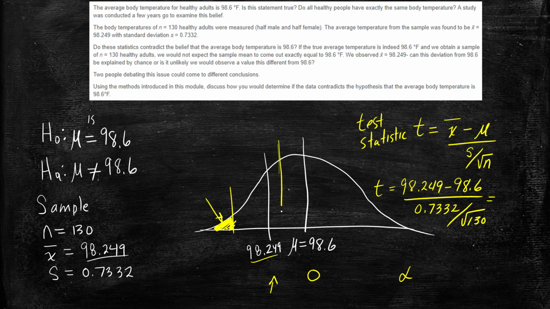If my critical value ended up being here, then all of this is my critical region, and this does fall in the critical region, and so we would reject. Otherwise, if it doesn't, then we would say we really don't have enough evidence to state that the average body temperature is not 98.6.